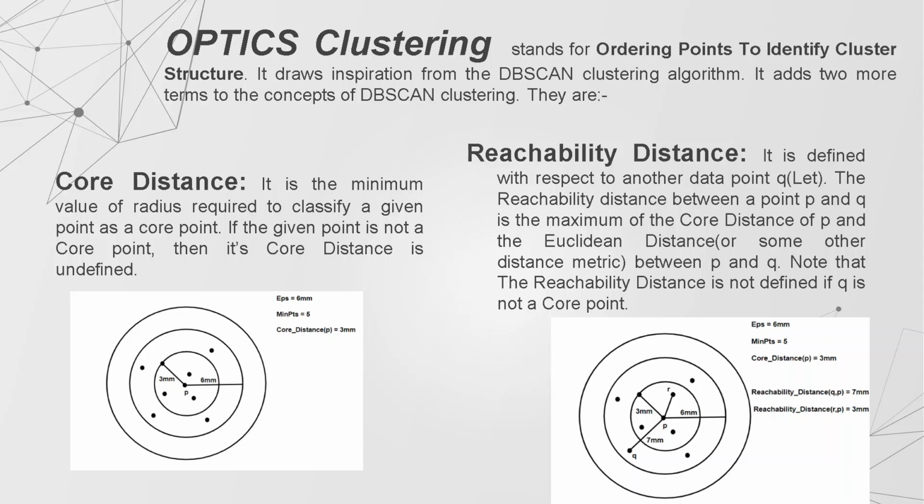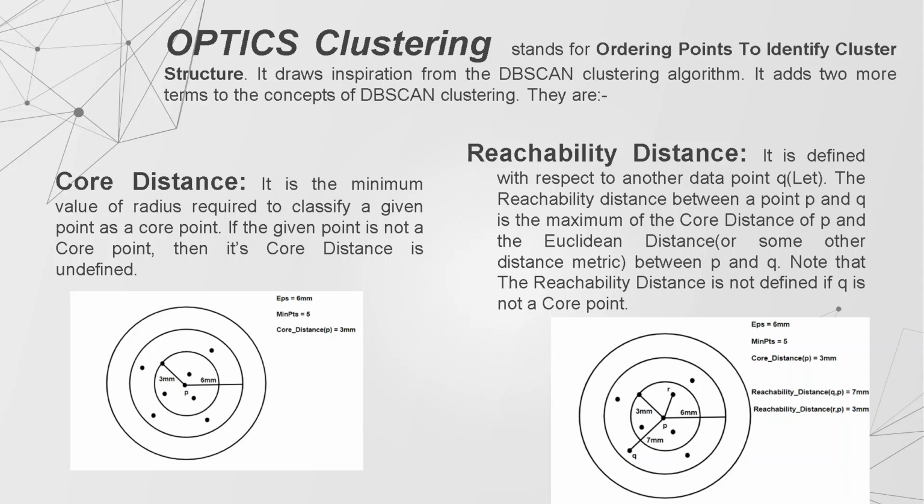Reachability distance is defined with respect to another data point q. The reachability distance between a point p and q is the maximum of the core distance of p and the Euclidean distance, or some other distance metric, between p and q.